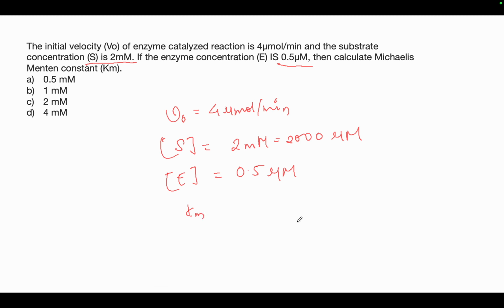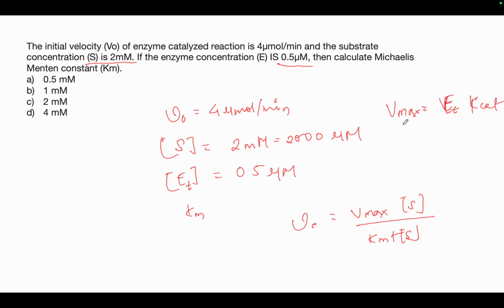So we can just directly use the Michaelis-Menten formula, where V0 is equal to Vmax times substrate concentration upon Km plus substrate. Here instead of Vmax they have given us total enzyme concentration, and we know that Vmax is equal to ET times Kcat.